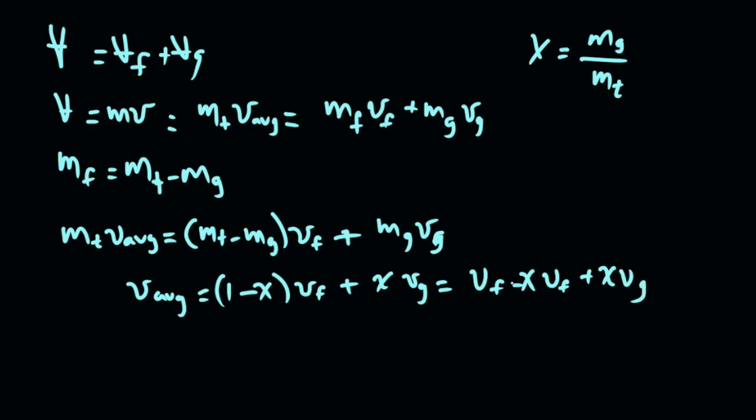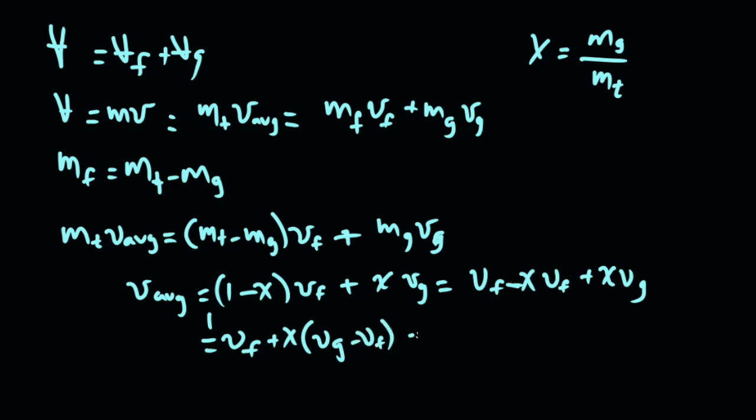Now let's collect our x's. We have x times V sub g minus x times V sub f, and then V sub f by itself. Gathering like terms, we have V sub f plus x times quantity V sub g minus V sub f.